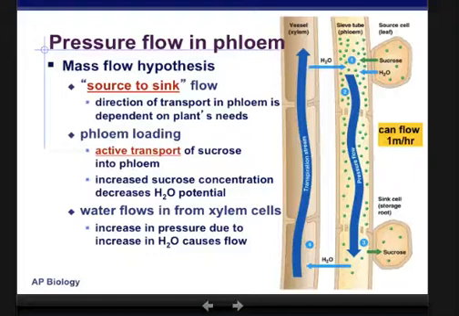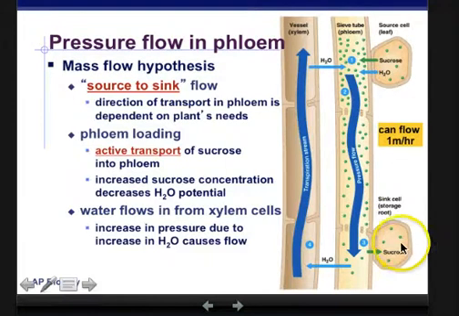A sugar source is a plant organ that produces sugar by photosynthesis or breaking down starch. Mature leaves are the primary sugar source. A sugar sink is an organ that's a net consumer or storer of sugar. Growing roots, buds, stems, and fruits are sugar sinks.